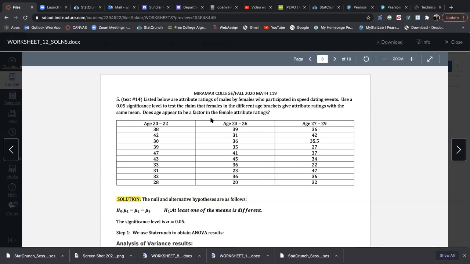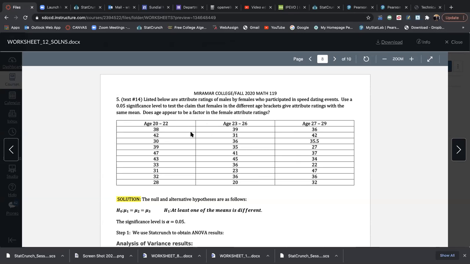Okay, use a 0.05 significance level to test the claim that females in the different age brackets give attribute ratings with the same mean. Okay, so here are the speed dating results that females gave, and these are attribute ratings.